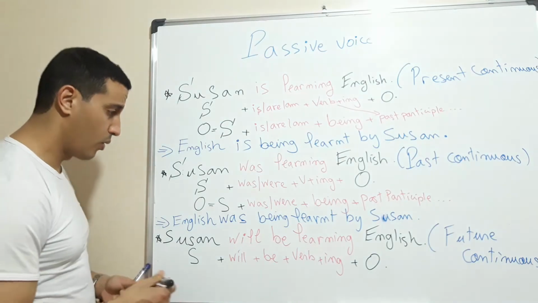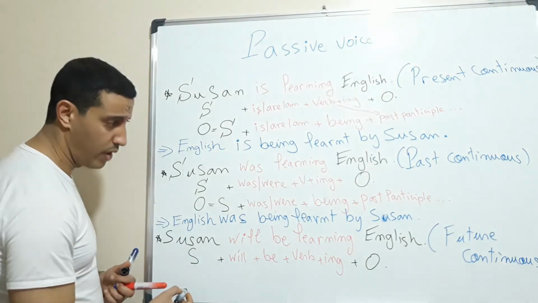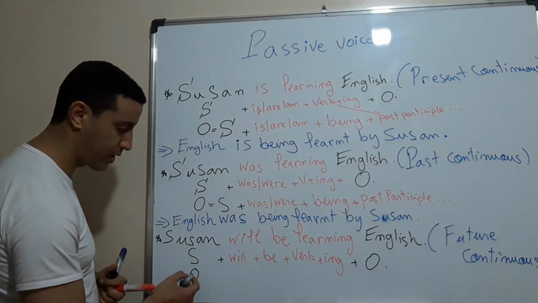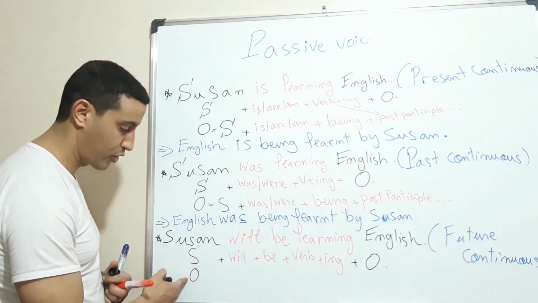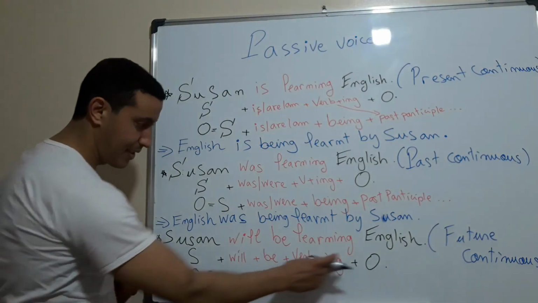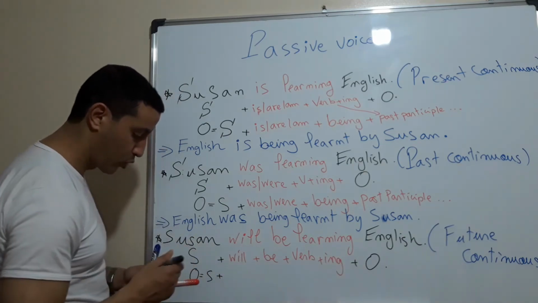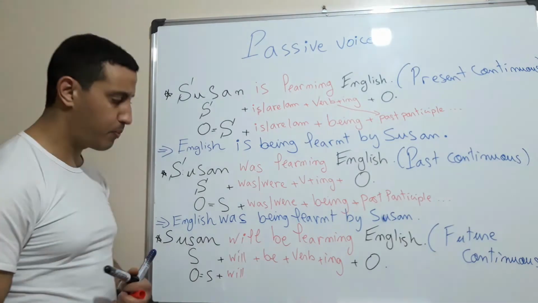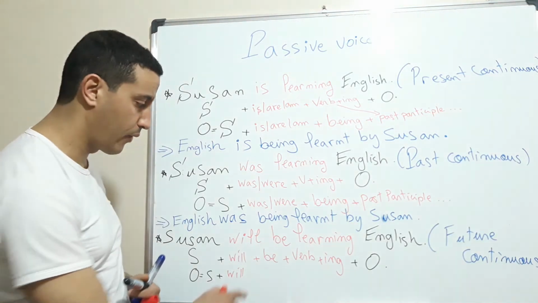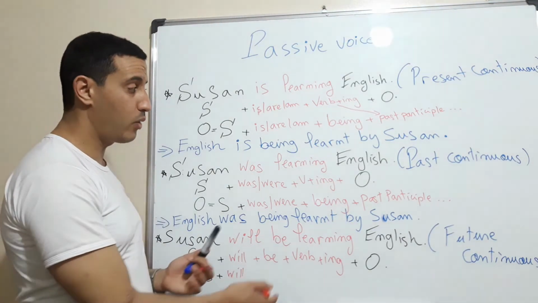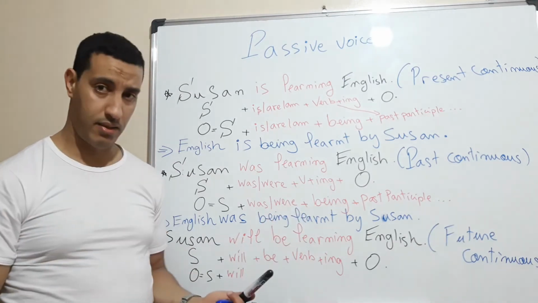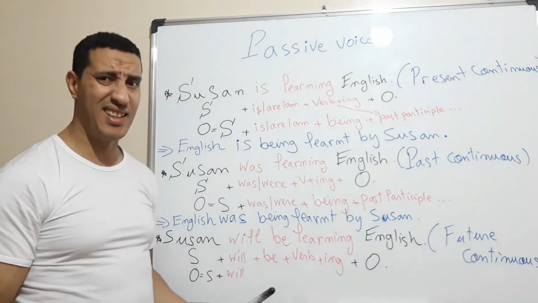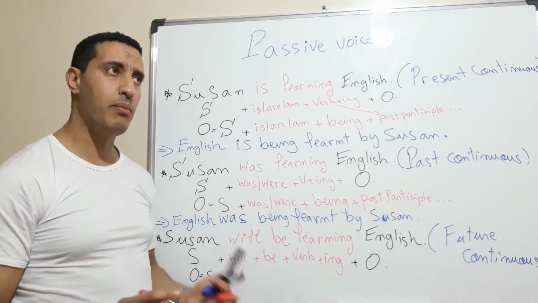Good. So here, if I want to change the sentence to the passive, it's the same way. I put the object here because it is a new subject. And then we put will. And here, please pay close attention. Here we have the verb be. And in the continuous, we need the verb in ing form, which is being. But here, it's a little bit strange to say be being.